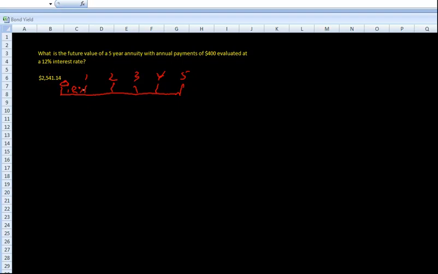Hopefully you can read that, but it's not very good. Okay, and then our $400, I don't like that. I want to erase it. I want you to be able to see it so you remember it. Okay, we'll get rid of this. And I'll get my pen back, and we're going to put 12% here. Okay, so now we know that's 12%. We'll put our $400 payments in here.